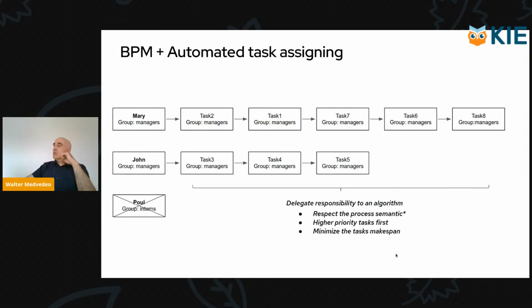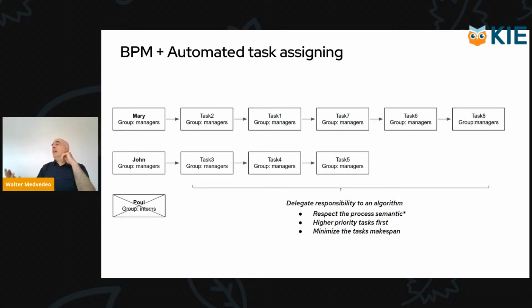Maybe also try to minimize the task makespan. What does it mean? It means that, from the point of view of the business, we need to complete all the tasks. So the idea is to tell this algorithm that we want to complete all the tasks as soon as possible.